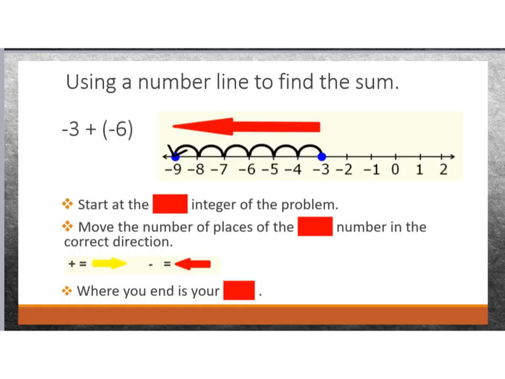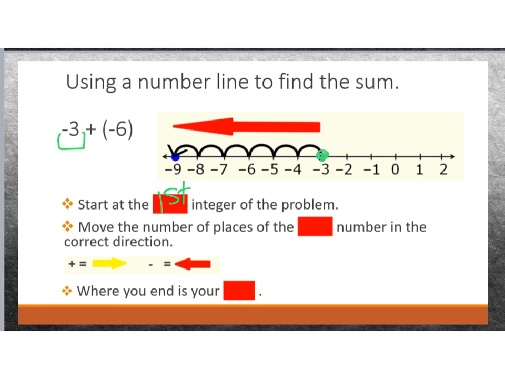All right, now we're going to talk about using a number line to add integers instead of chips. So how would we represent that? So the rules that we're going to be using is we are going to start at the first integer in the problem. So for this one, we started at -3, which is here.